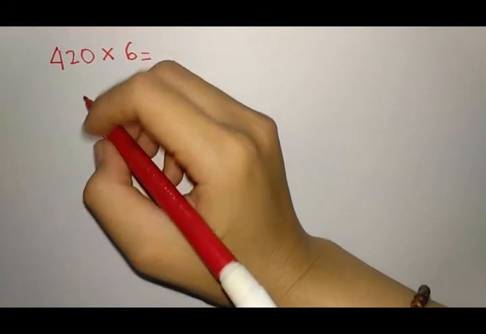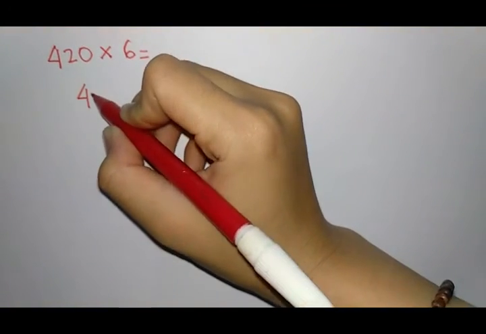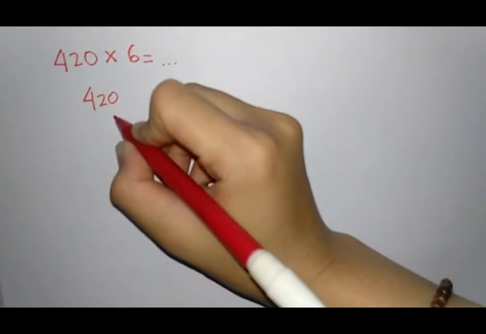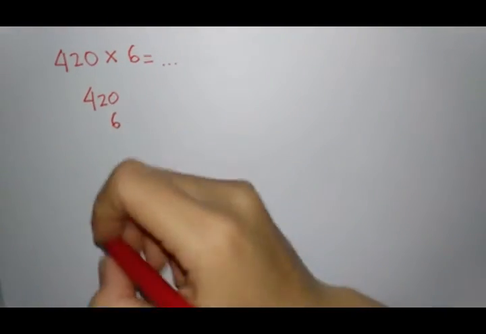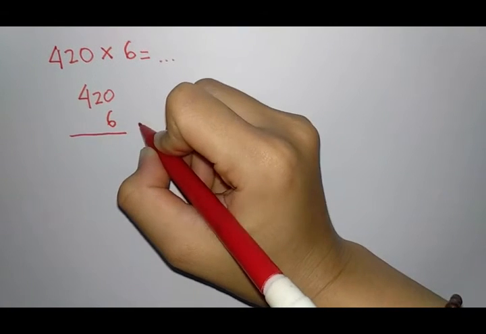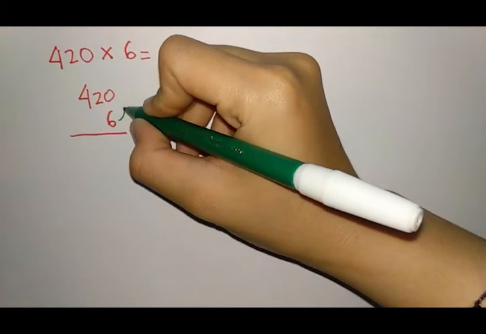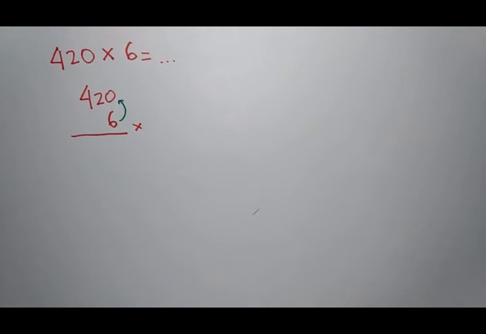We have to make a form: 420, so place 6 under the 0, and then make a line, the symbol of course to multiply. And then first you have to multiply 6 by 0.